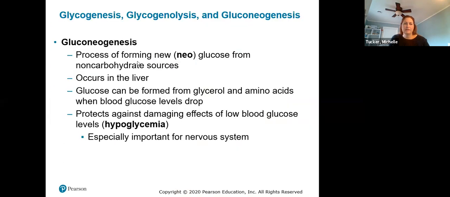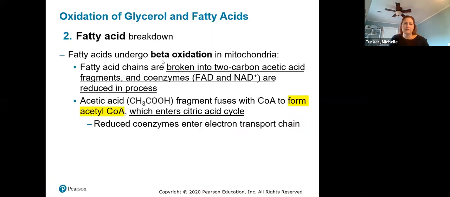And then we go to fatty acids. So fatty acids undergo a process called beta oxidation. And in beta oxidation, the fatty acid chains, like I said, fatty acids can be 16 carbons long, 18 carbons long, 20 carbons long, 22.